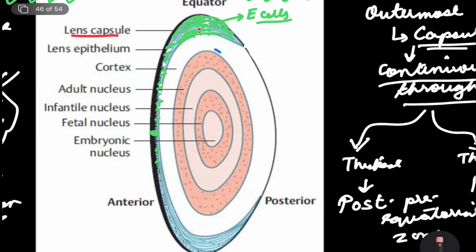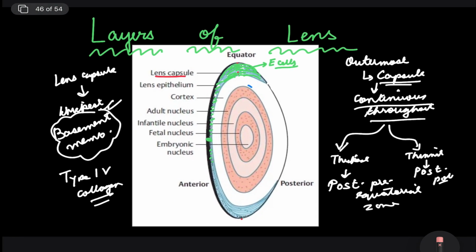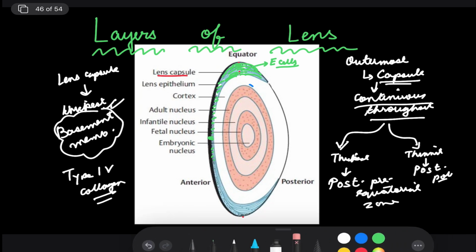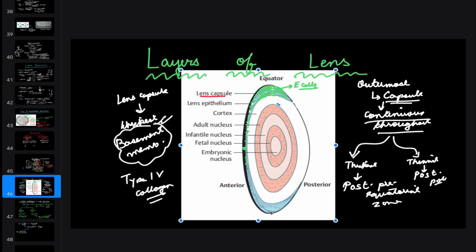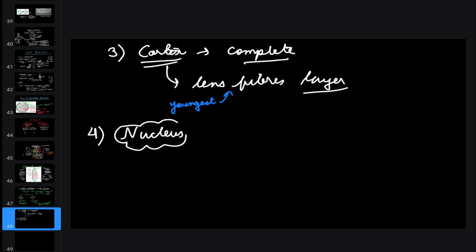When does our lens actually begin to form? Let me go back to that slide over there. Our lens begins to form by day 27 of gestation.